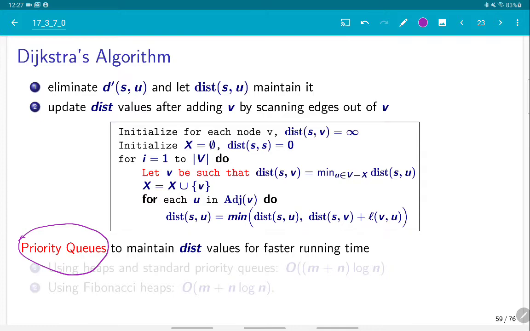Now, you don't really need to have this candidate distance; we are going to use just one array for distances. We don't need two arrays, so the code becomes a bit shorter, but it's the same thing. Now the priority queue, we're going to maintain all the vertices not yet occupied, and in every iteration of the outer loop, we're going to pick the minimum value stored in it, the vertex that is yet to be occupied, realizing the minimum value, and this is going to be the next vertex visited by this algorithm.